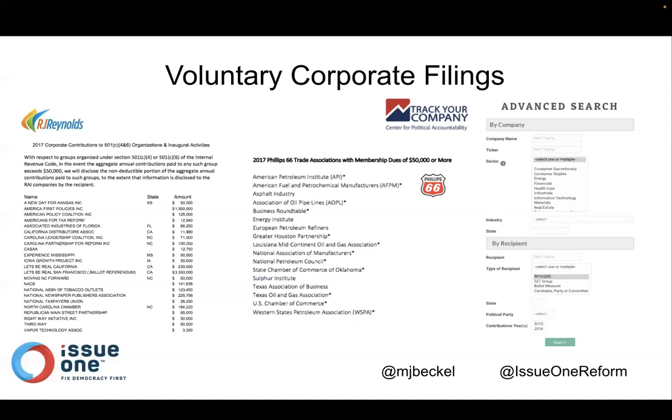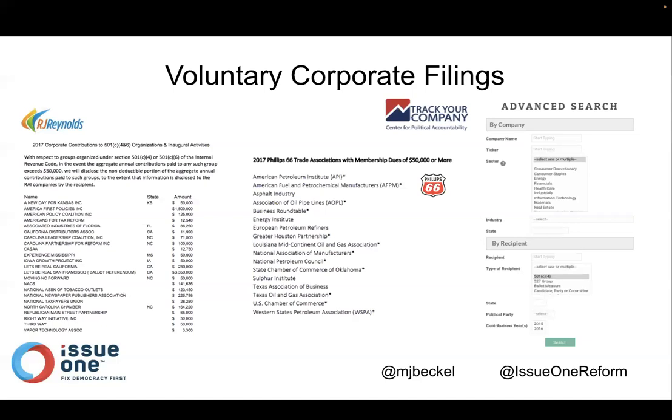But again, if you are interested in seeing if a company that you're interested in, a company based in your state, in your region, do they voluntarily disclose any information? Sometimes you can just Google the name of a company and "corporate political giving" and see what information you can find on the company's website.